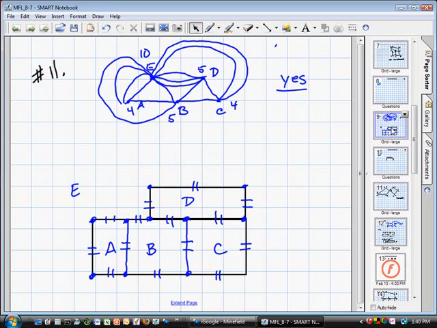Got this thing, and I ran my counts. And what do I have? 2 odd vertices. Therefore, according to Euler's law, this should be possible. And so the answer is yes.